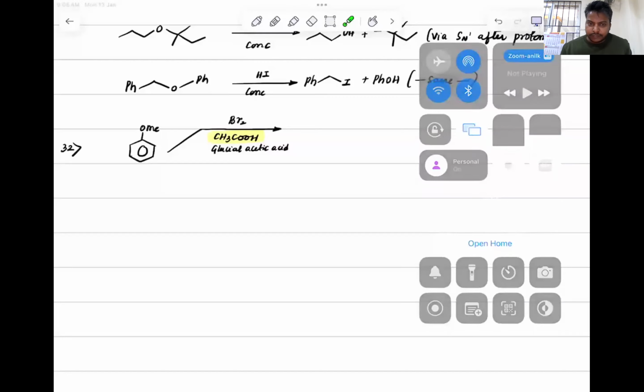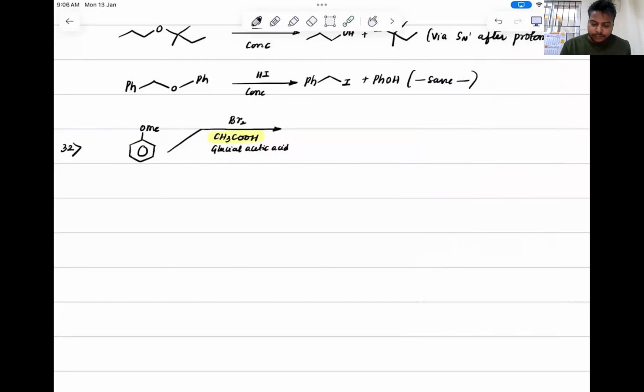Right, like I was discussing. In the case of anisole, if you react with bromine water, but this time it should be in the presence of acetic acid or glacial acetic acid, then we shall get this as OMe with Br, and this is major.